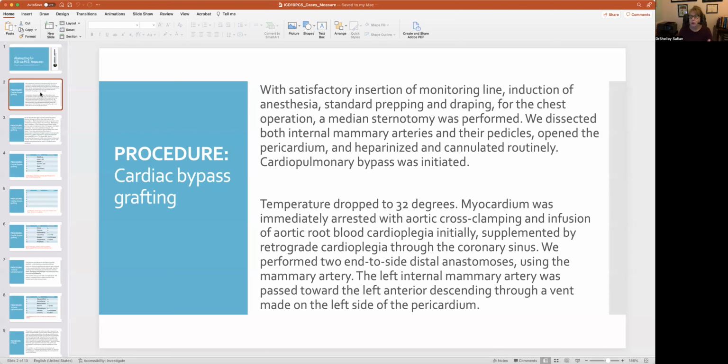Temperature dropped to 32 degrees. The colder the body is, the slower the blood flow. So this helps the surgeon have room to work, okay?